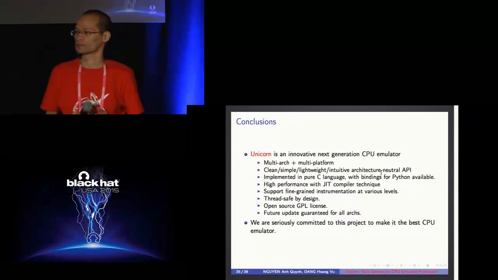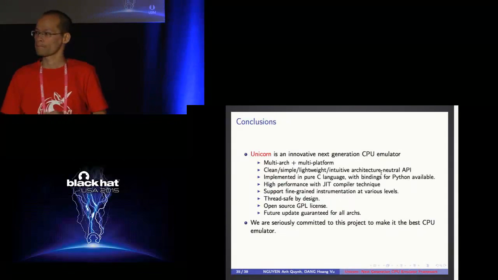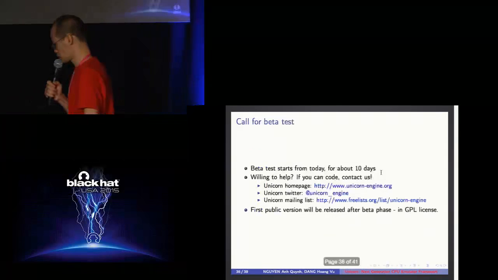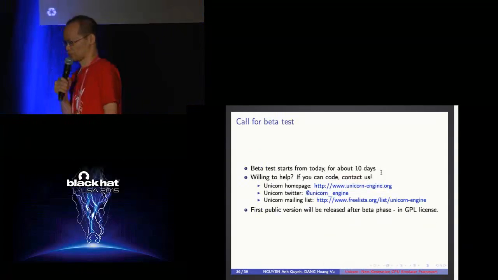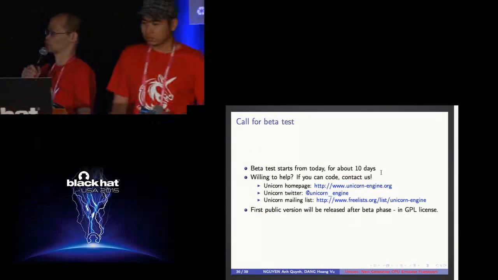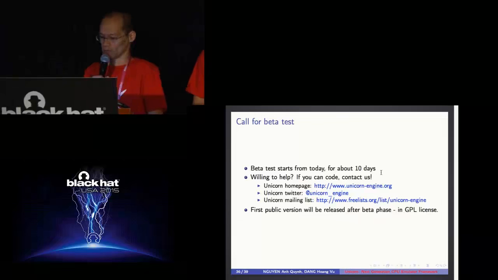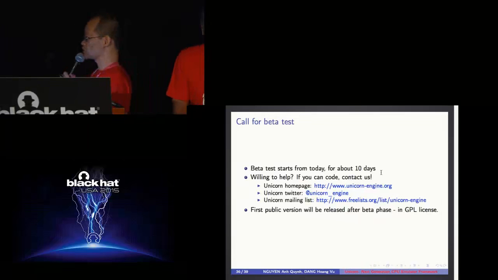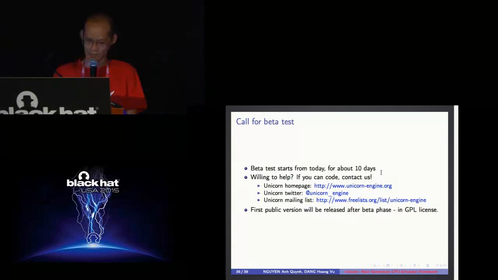Any other questions? The final question is where people can get the source code. We still have some issues that we are trying to fix now. If you want to play with Unicorn, just contact us.